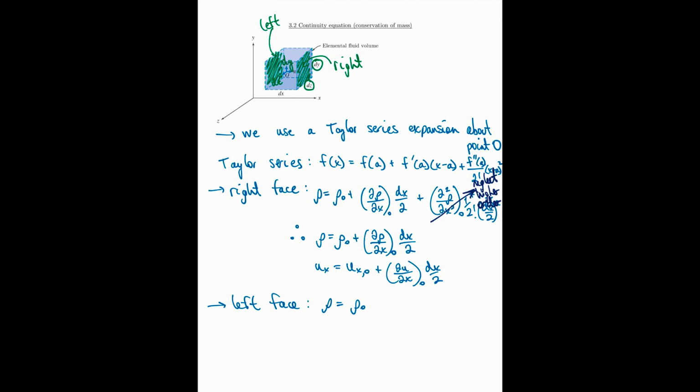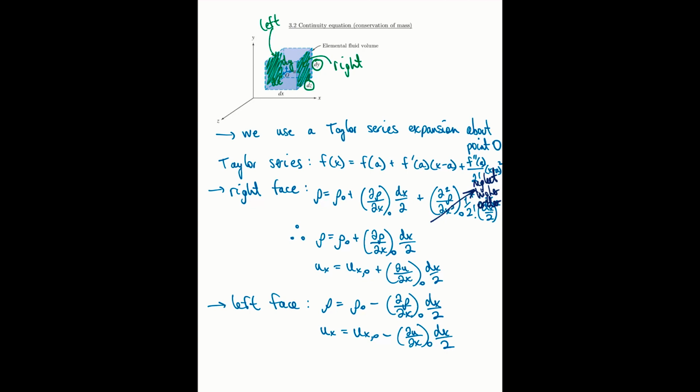I'll write that out here, and then otherwise it's the same. The same thing happens in our x velocity, of course. So that's x velocity at point O. Also negative again.